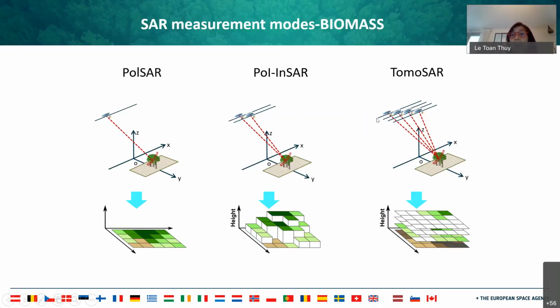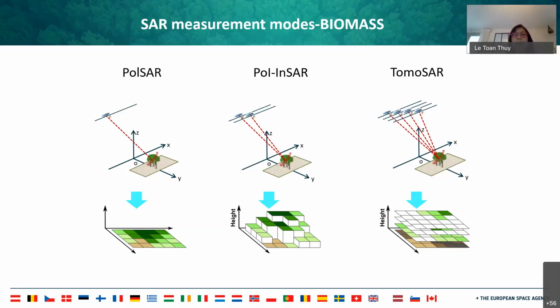And here, the multiple baselines allowing us to take the tomography of the target. So there is one single SAR image, a pair of SAR images, and here is the multiple acquisition with different orbits with small displacement of the orbit.